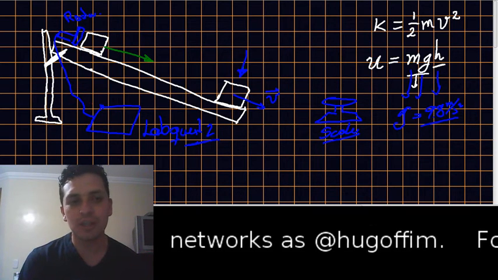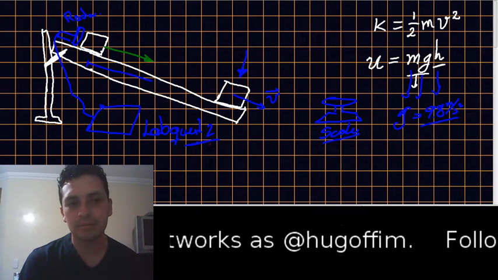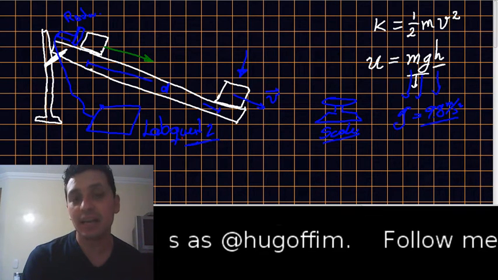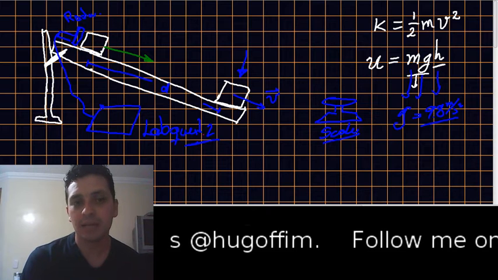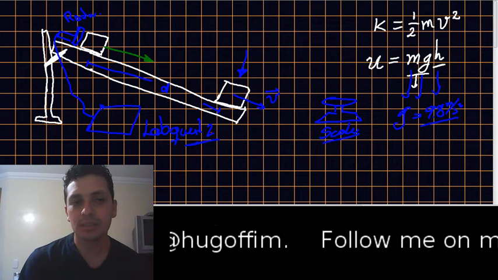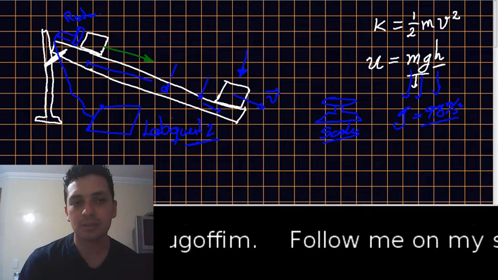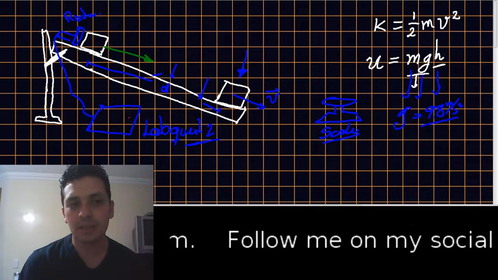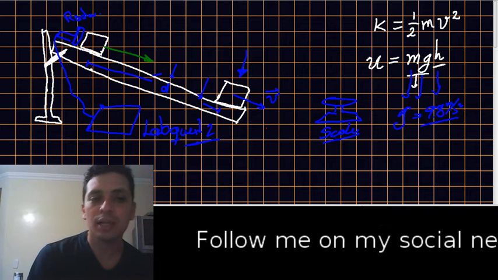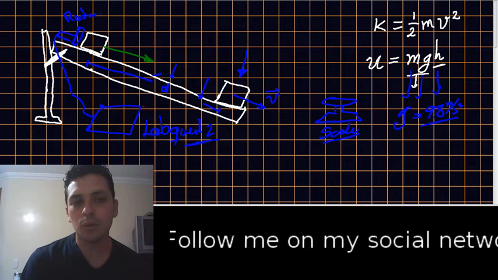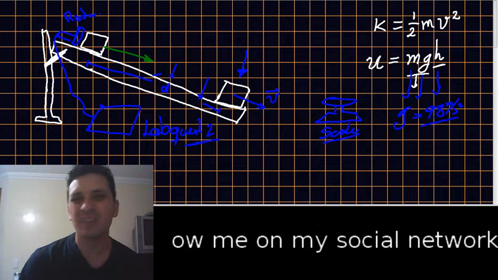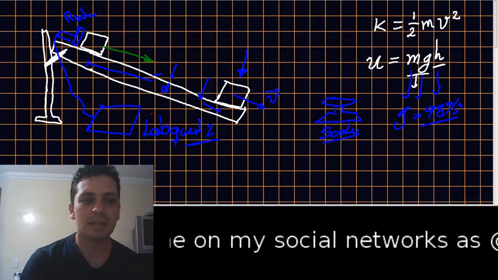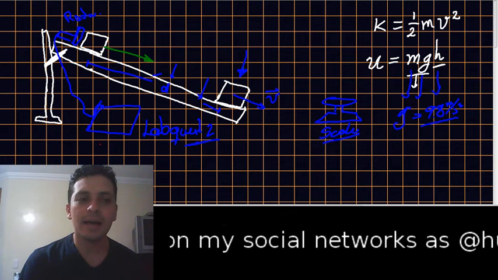You just need to measure the distance of the rail, or set a distance for yourself, like, I'm going to measure it when it's at 90 centimeters or 50 centimeters, and measure the new height in order to get the difference of heights and get another potential. But the best will be that you do the complete distance of the ramp, so you don't have to do these subtractions and additions. You just have the height and the kinetic energy.